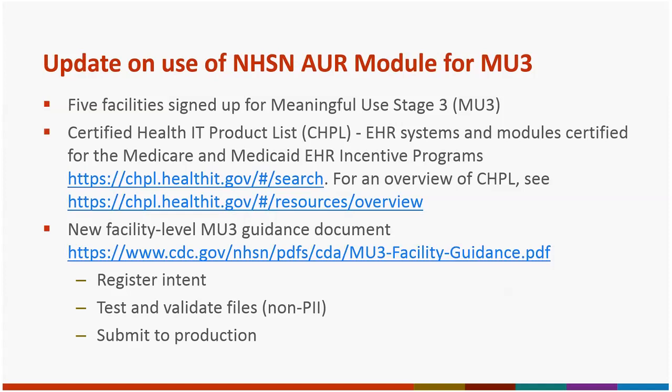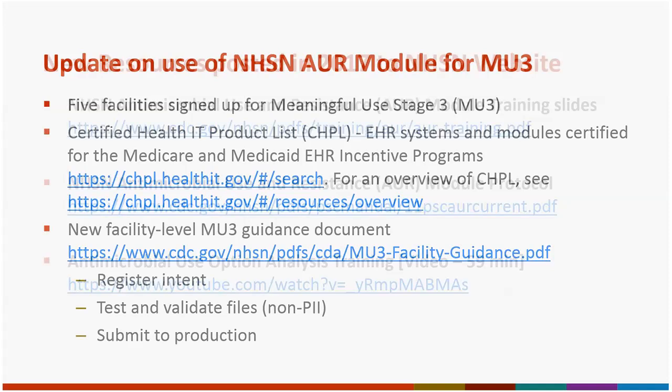You can see the URL listed on this slide, but in brief, this document highlights 3 steps for facilities: how to register intent to use the NHSN AUR module for meaningful use stage 3, how CDA test files containing no PII data are to be sent to the NHSN team, which still must be done even if the facility is already submitting AU or AR data into NHSN. The third step is when the facility passes validation and is deemed ready to submit to production. Next slide, please.